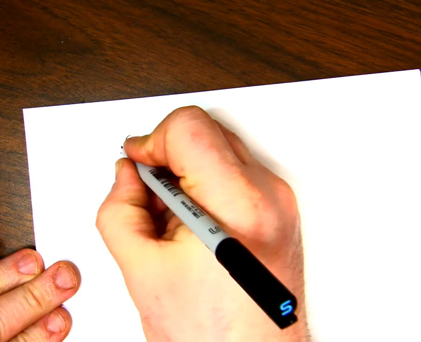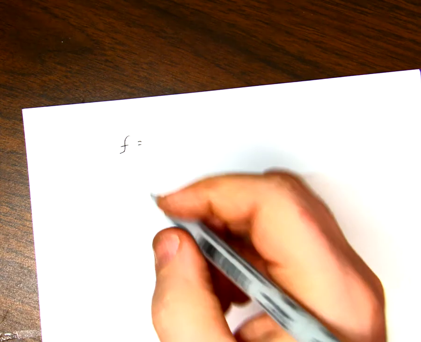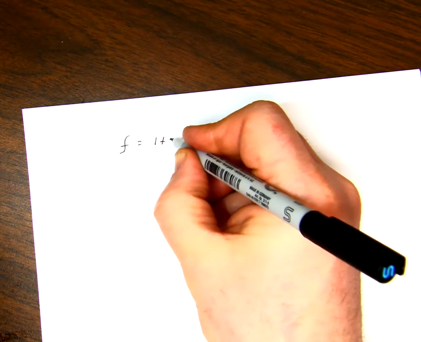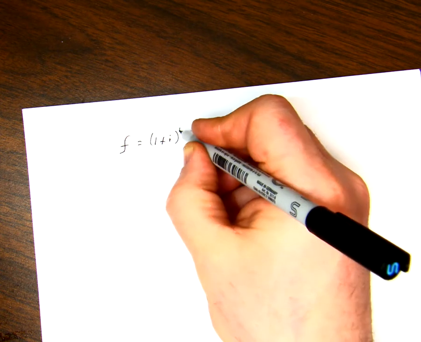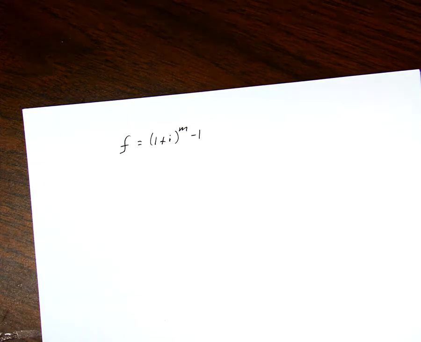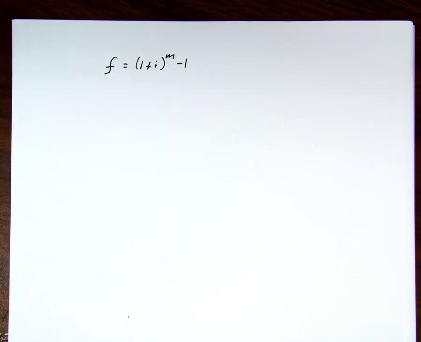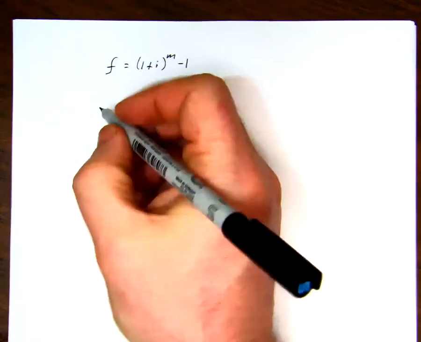Well, using a formula to get this, we say that our effective rate is equal to 1 plus I to the m minus 1. And that's really the result of what we had before, where we took, say, $1 and turned it into the future and figured out what the rate was. So we'll do the calculation again with the 6% that we just did.